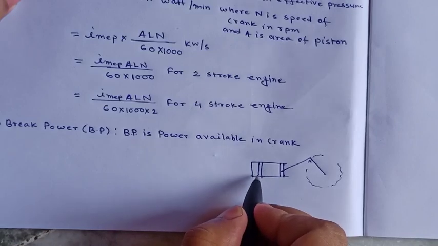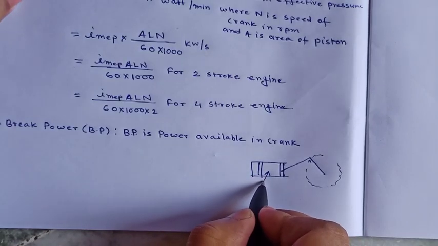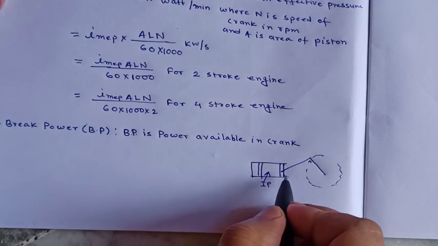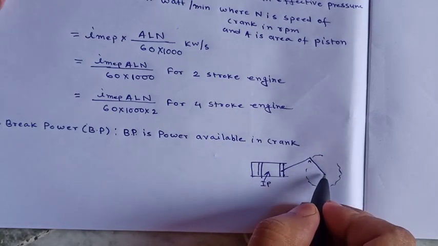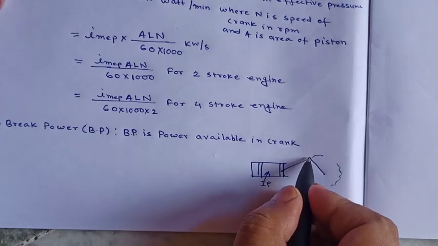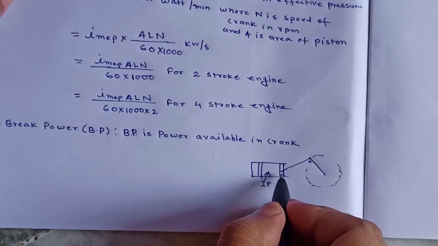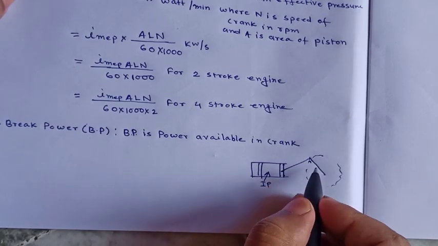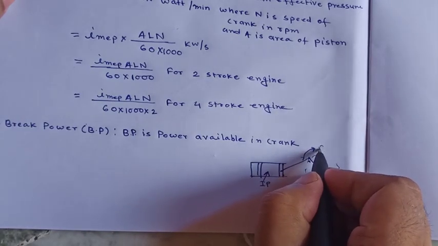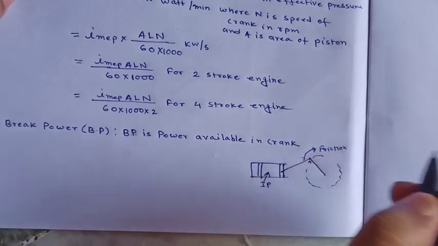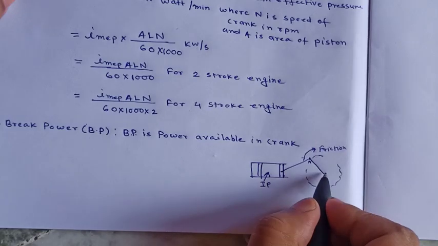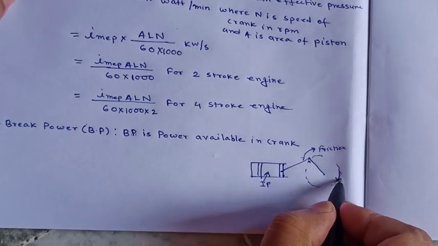Okay. Now power produced in this cylinder is IP, but this amount of power will not reach the crank with the same amount, because there is relative motion in various sections. So some amount of power will be lost due to friction. This causes some frictional loss, and after that the remaining power will reach the crank.